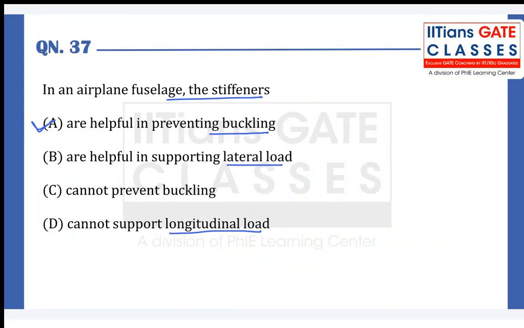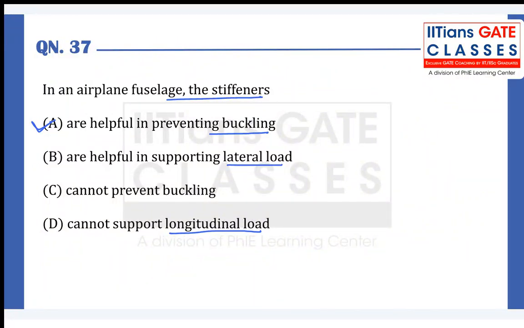Because there will be longitudinal stresses due to pressure loading. Clear, guys? And those longitudinal or axial stresses will be supported, yes or no? Yes, sir, supported. But again, this is not an MSQ, it's an MCQ question paper.